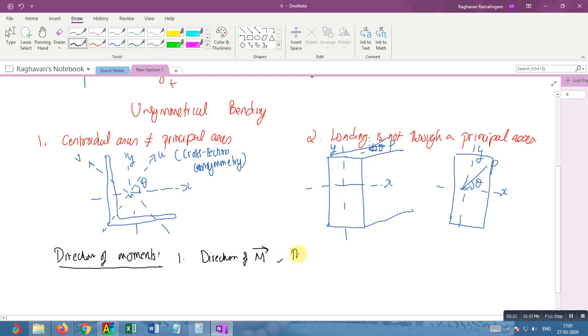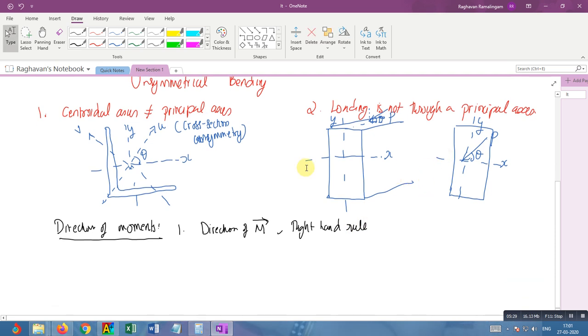You use the right hand rule. Just use the right hand rule. You know from vector mechanics that moment is nothing but the cross product of displacement and force, correct? So you just adopt the right hand rule for this.